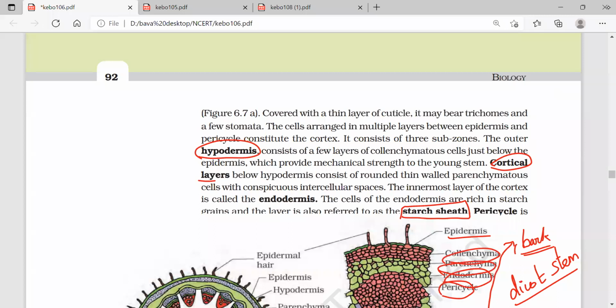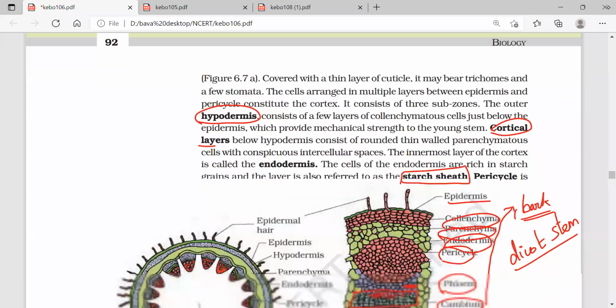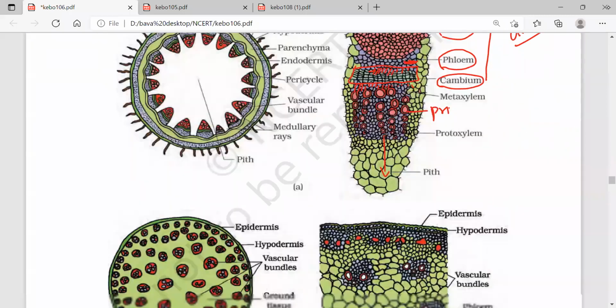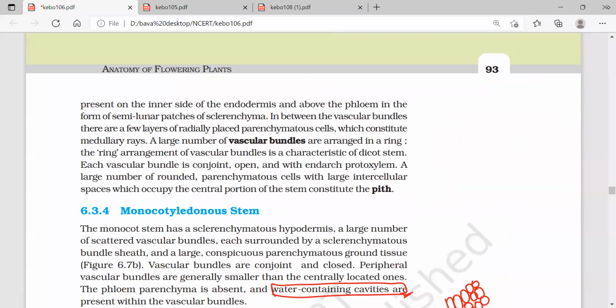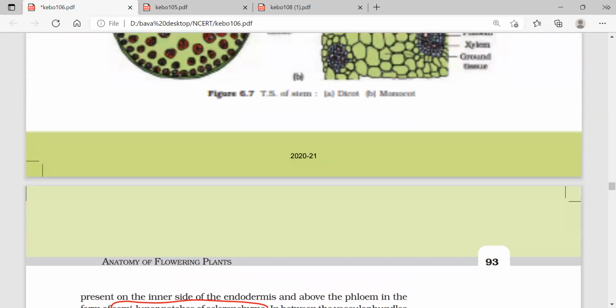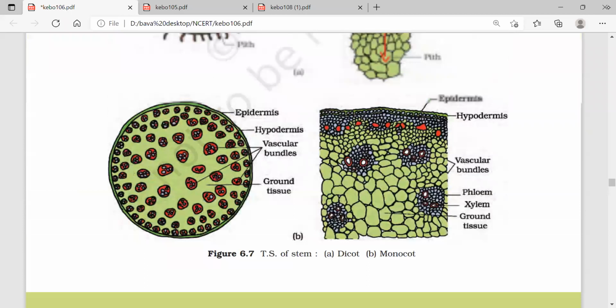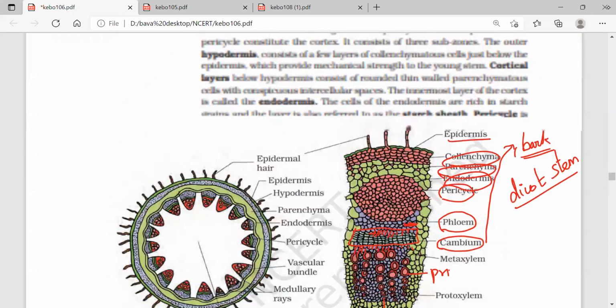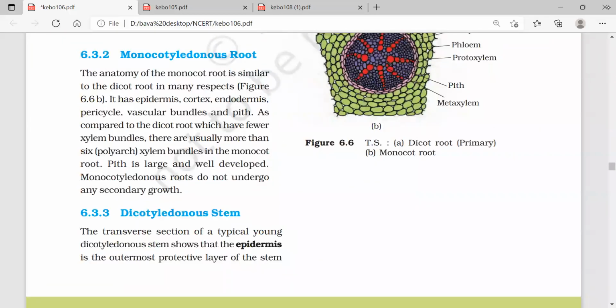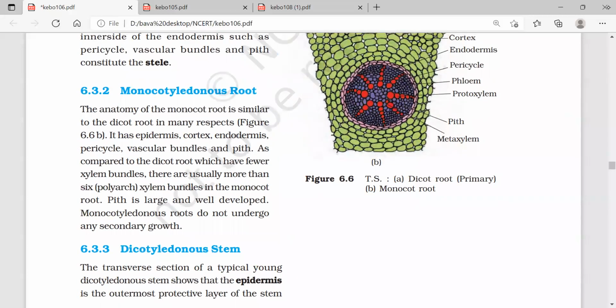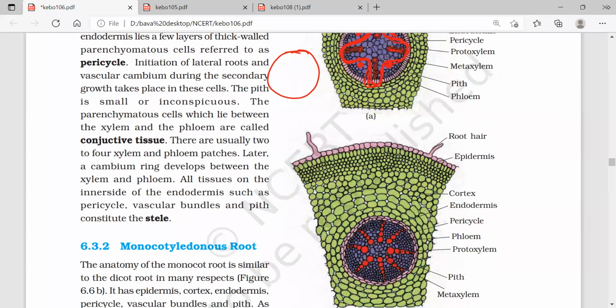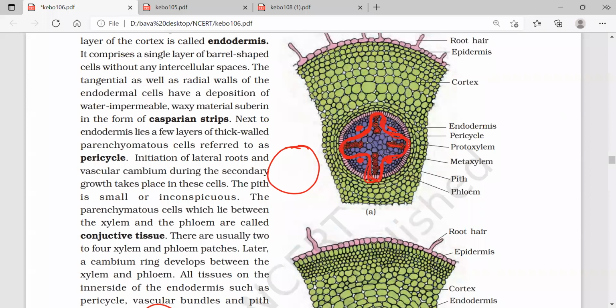And in what regions do semi-lunar patches occur? What type of cells are present in the pericycle? These are all the keywords I'm expecting. I expect questions may be asked. What is stele? Where do initial roots and vascular cambium form during secondary growth?